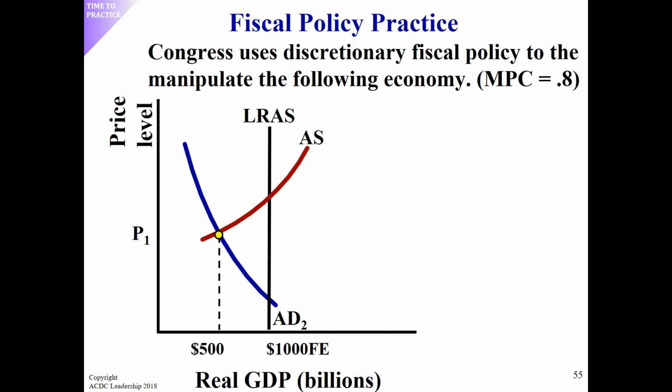How much do I want to change the GDP? 500. So I want to change GDP by 500, which equals the multiplier times the initial change, X. So 5X equals 500. Government has to spend 100 to close a $500 million gap.